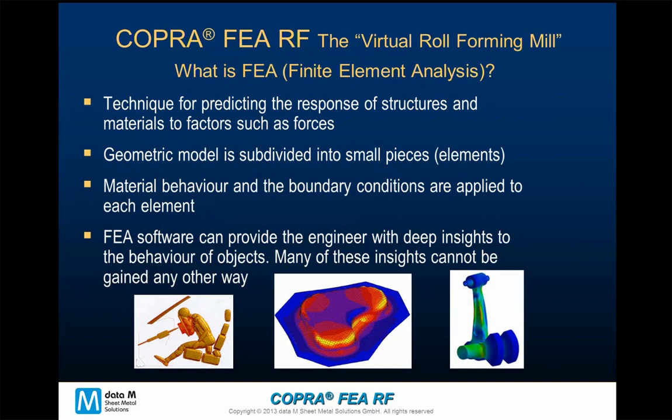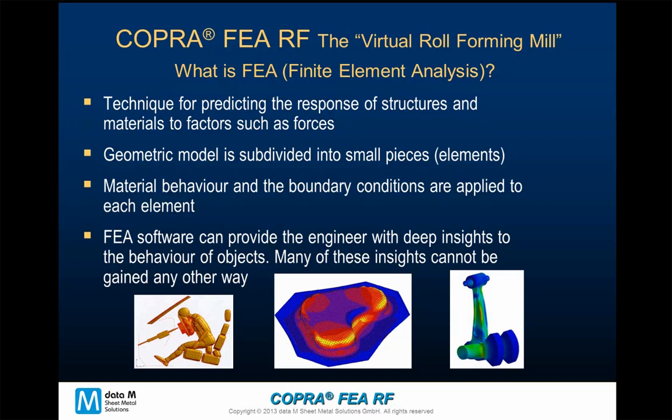So essentially, what is finite element analysis? Well, it's a technique for predicting the response of structures and materials to factors such as forces. We do this by taking a geometric model and subdividing it into small pieces known as elements.